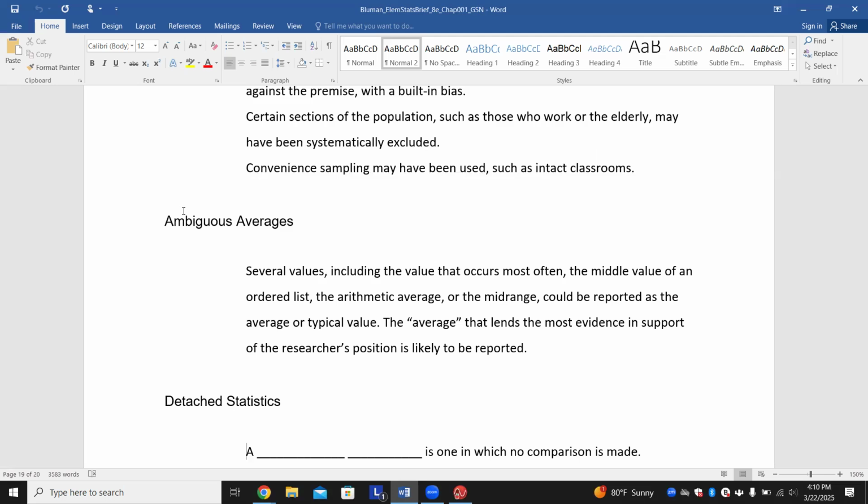If I do a mean, median, mode, range, and all this stuff, these are all different types of averages you could technically use. Well, if my mean, which is a true average, is, I don't know, 5.2, but I want to show that people's ratings of my class are higher, and I see that my mode is a 7.